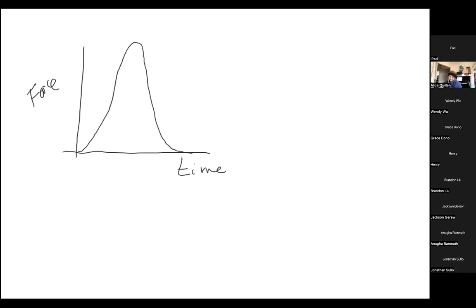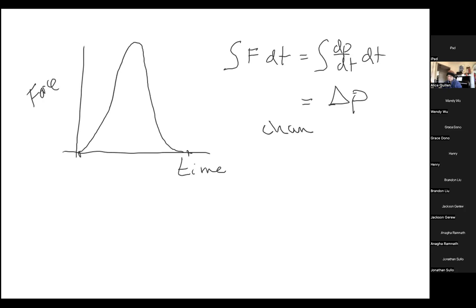And if I integrate this force, so force is dp/dt, that is equal to delta p. So I integrate all the forces from this time to this time. This is the change in momentum. If the ball bounces back and no energy is lost, then it's going to bounce back with the same velocity.